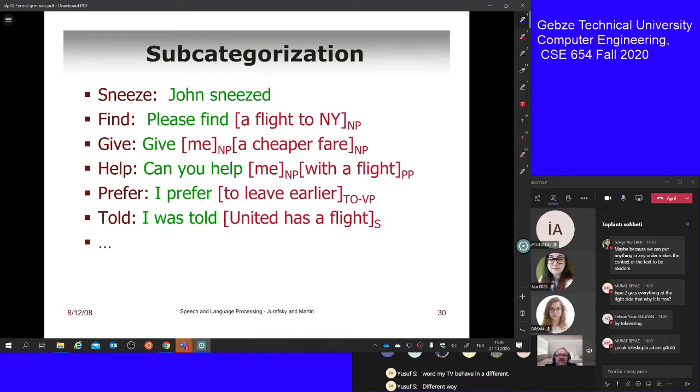For example, for sneeze, you will say John sneezed. For find, please find a flight to New York. So find takes a noun phrase. Give takes a noun phrase and a noun phrase again. Give me a cheaper fare. So each verb belongs to a category, a subcategory.